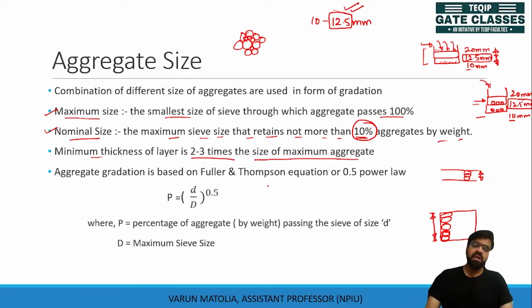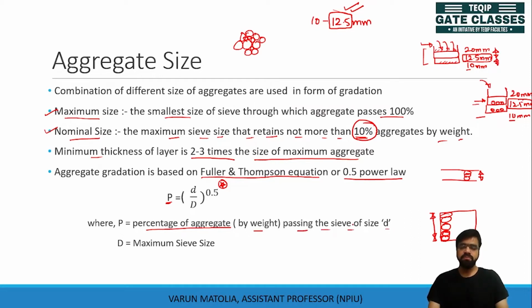The gradation of aggregate is done on the basis of the Fuller-Thomson equation, and it is also known as the 0.5 power law. This is important to remember. What is P? P is the percentage of aggregate by weight passing the sieve size D. Means if I want to select 10% or 10 mm size aggregate, maximum sieve size is 12.5.